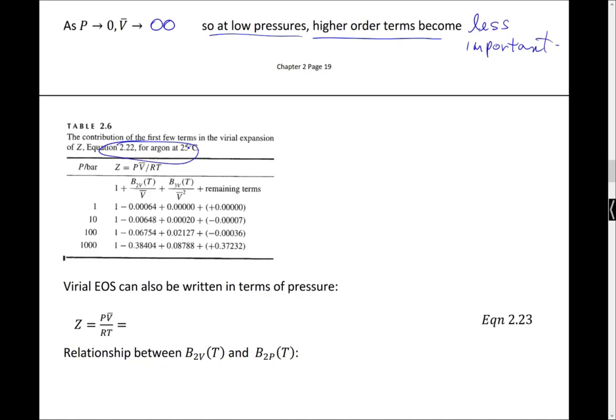If we're talking about a pressure of 1 atmosphere, 1 bar, we see that we only need the first two terms in order to describe the behavior. If I go to 10 bar, first two terms are important. The third one, it's there, but it's pretty insignificant, right? So what we can say basically is if we're talking about pressures of 10 bar or less, 2 terms is enough.